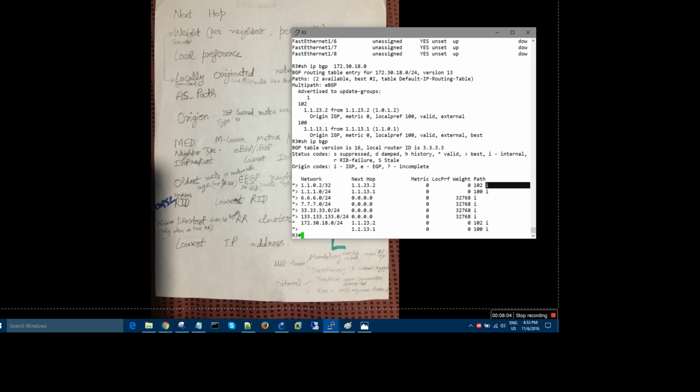Incomplete means this prefix is coming to router 3 from this neighbor, from this AS, but this AS doesn't know where the origin of this prefix is. This AS is learning from a source it doesn't know, maybe redistribution, maybe from some other side, but it has no idea.